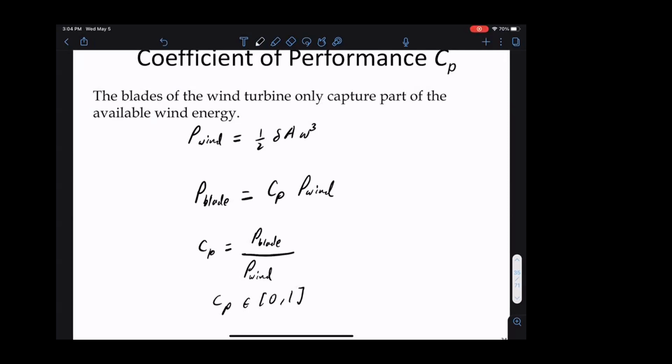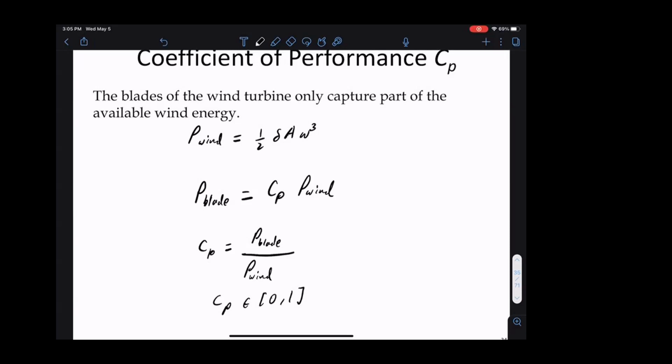Right. So this CP itself is not something we can compute easily. We could have a first principles way of doing this, but in practice that would be way too complicated. So what we want is some idea of what CP is without doing a first-principles computation.